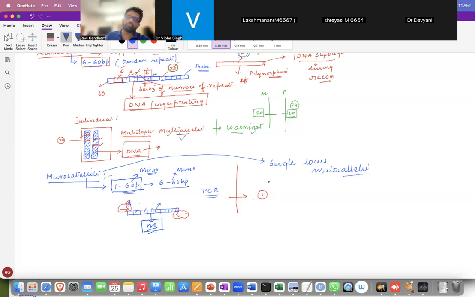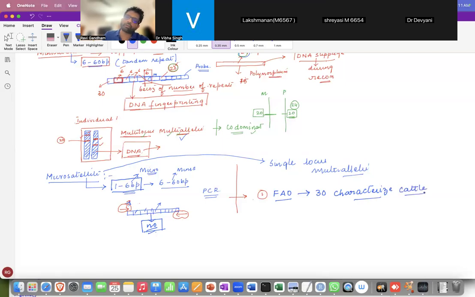For example, as per the FAO, you have around 30 primers to characterize cattle breeds. Similarly, you have a certain set of microsatellite primers to characterize cattle breeds.